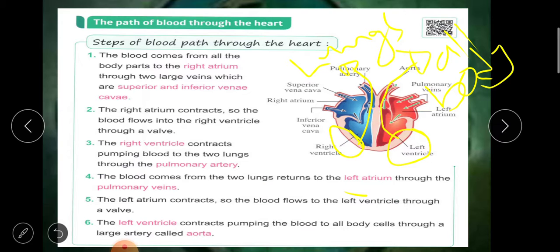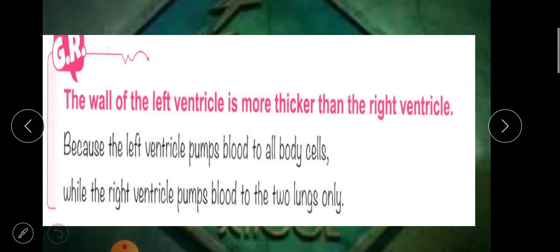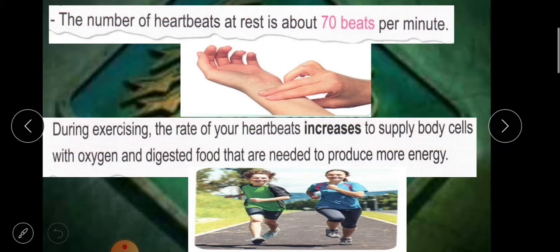Why? Because it will push the blood only to the lungs. So when it asks me to give a reason why the wall of the left ventricle is thicker than the right ventricle, we say because the left ventricle pumps the blood to all the body cells, while the right ventricle will pump the blood to the lungs only. Okay.